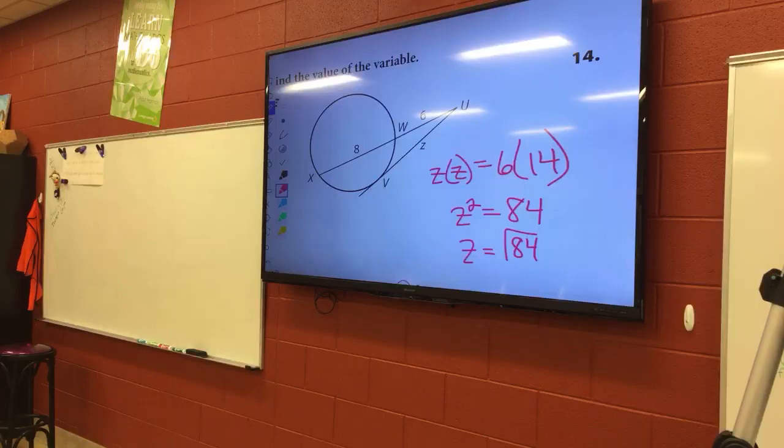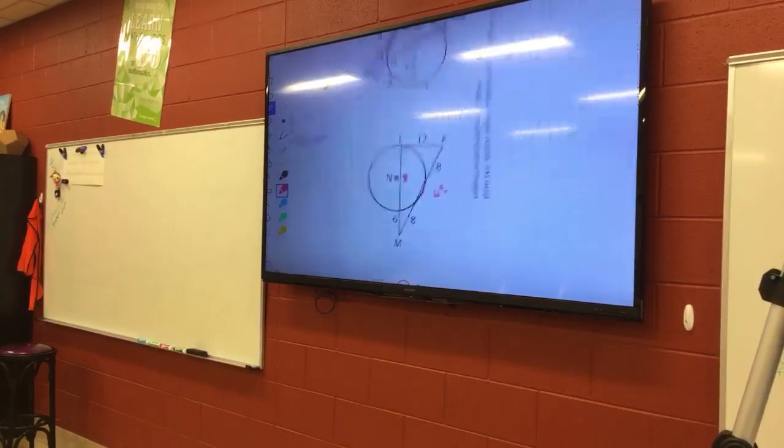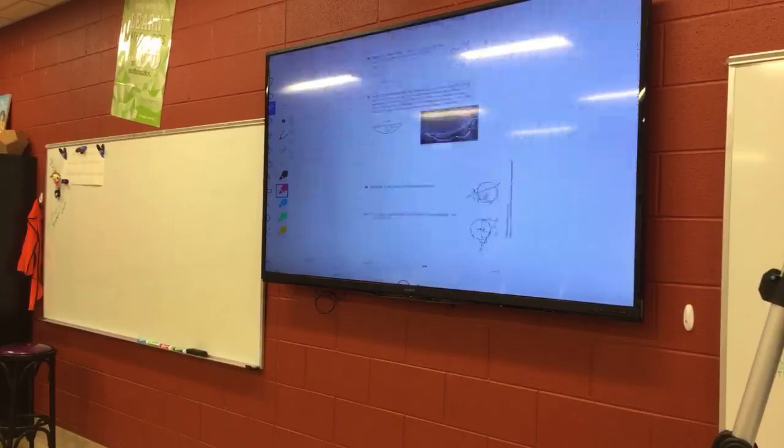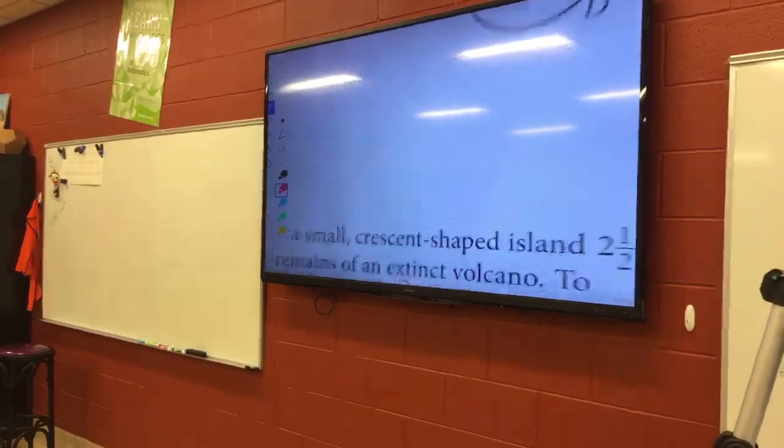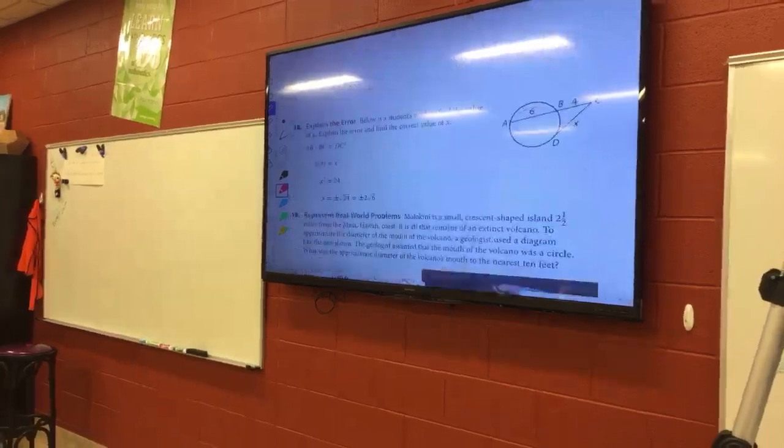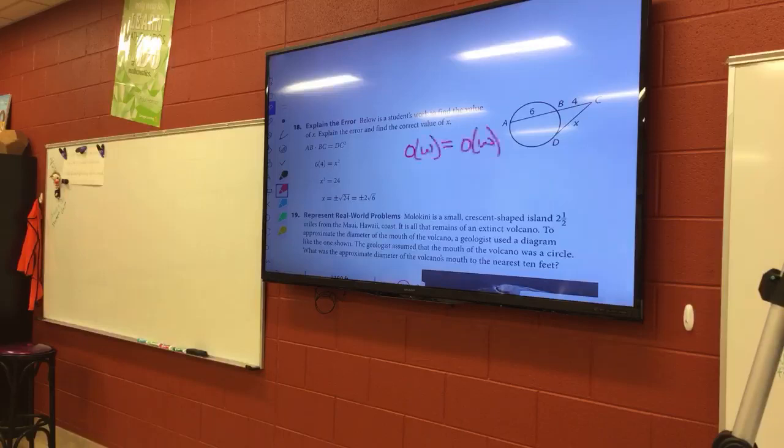What about 18? Okay, let's explain the error. The way you should set this up, of course, is outside times the whole equals outside times the whole.